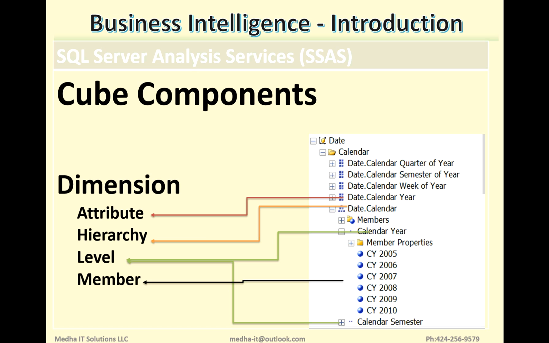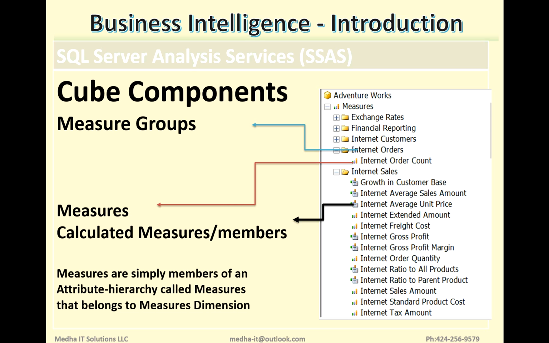But at high level, dimension consists of these components: attributes, hierarchy, levels, members. Okay. Then you have measure groups. Measure groups are nothing but the fact information. Like in this example, I have shown internet orders, internet sales. These are all the fact information.